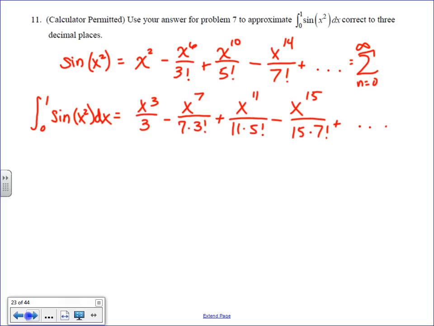If I needed to, I could make the nth term by saying -1 to the n, x to the 2, 6, 10, 14. 4n plus 2, x to the 4n plus 2, because it's 4 plus 2, 8 plus 2, 12 plus 2. Okay. So then x all over 2n plus 1 factorial.